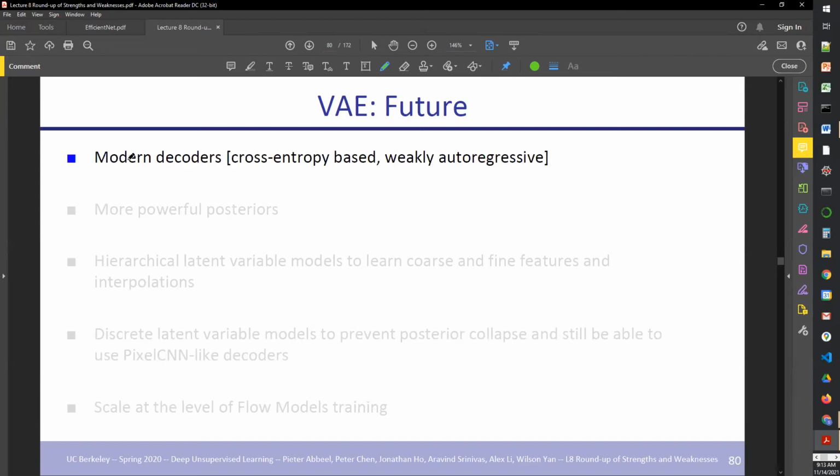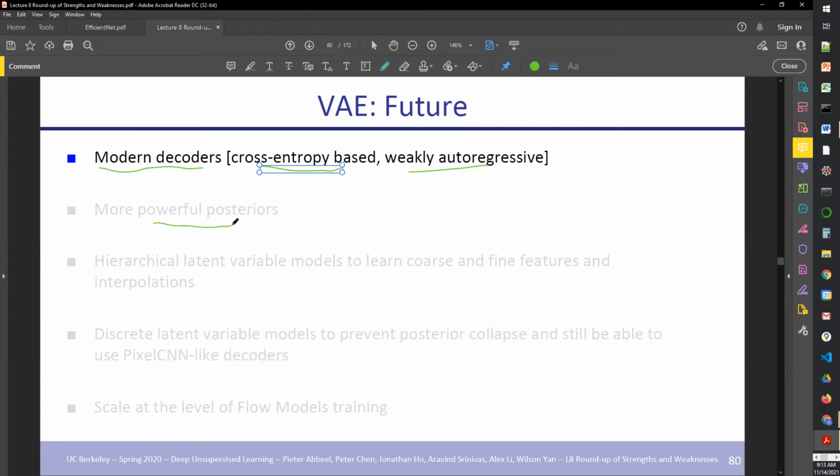So this is where Andre also mentioned cross entropy based and then weakly autoregressive. So you begin to release some of the strict autoregressive nature, improve the decoders, use PixelCNN and PixelSNAIL.